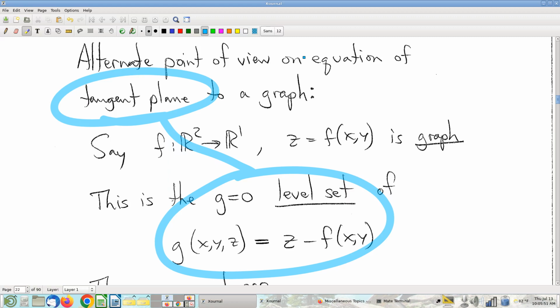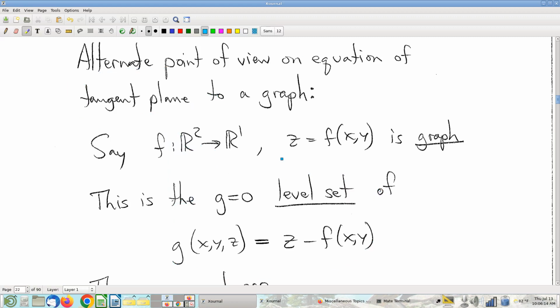We have a new tool of calculus of level sets. We know how the gradient, aka a thing of calculus, the gradient of this function will be a vector that's perpendicular to this surface, namely this level set, right? And so seeing it as a level set, that particular calculus is going to be really useful.